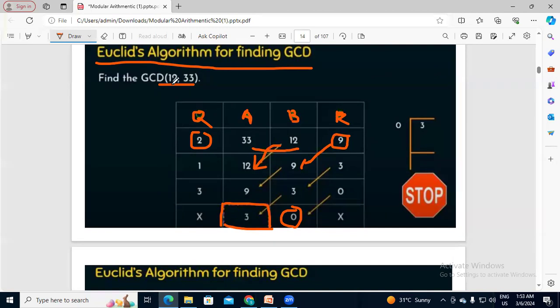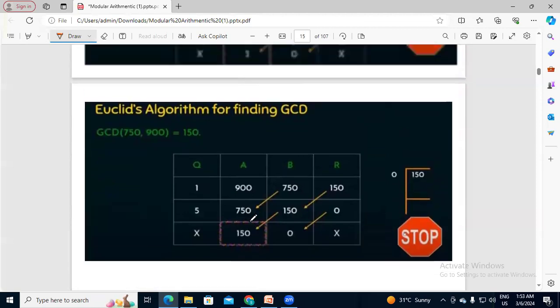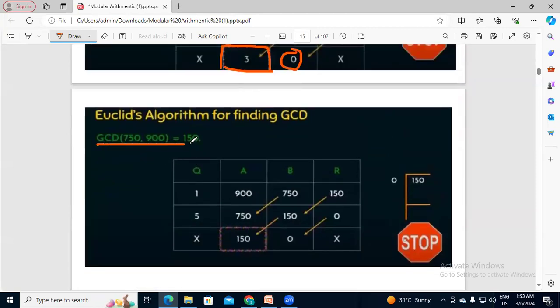So the GCD of 12 and 33 will be 3. In a similar way, you can find the GCD of 750 and 900. Of course we need to take a as the larger number, so a will be 900 and b will be 750, and the same process applies.